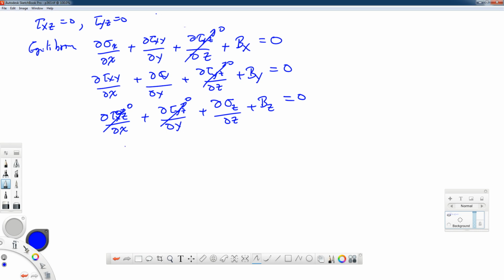If sigma z is constant, then the partial derivative of sigma z with respect to z is equal to 0, and we're left with the condition that the body force in the z direction is equal to 0. So very similar to our case of plane strain, in our case of generalized plane stress, we're going to make the reduction that we're going to neglect the body force in the z direction.